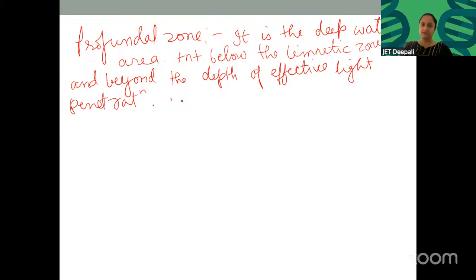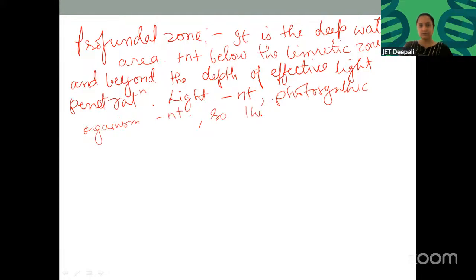Okay, first thing you will write: light absent, photosynthetic organisms absent, so the water is poor in oxygen. It includes mostly anaerobic organisms which feed on detritus.